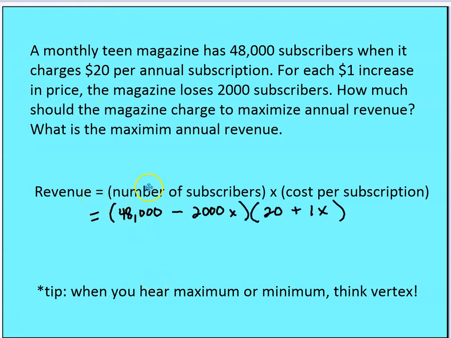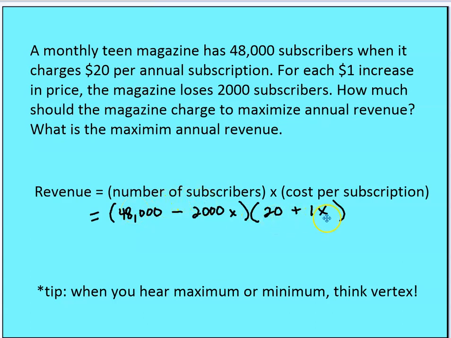All right, so the revenue is equal to the number of subscribers times the cost per subscription. So number of subscribers, 48,000 minus 2,000x, where x is incremental price increases.